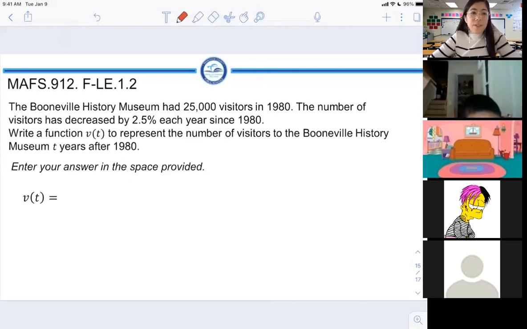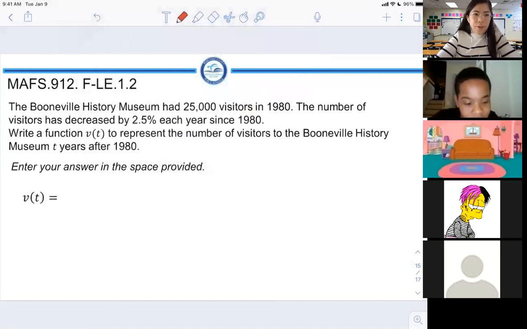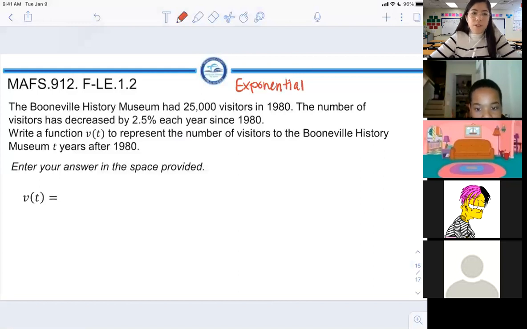So this is, first of all, exponential, linear, or quadratic? And how do you know? Exponential. There's something more important than just the word each, because you can still increase or decrease. The percentage gives it away.